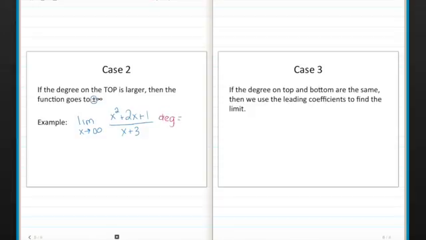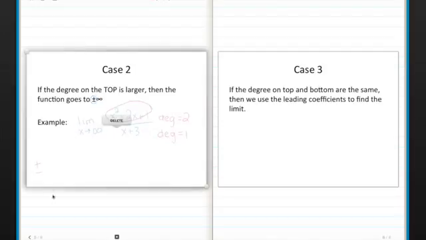All right, so we have already previously looked at the degree for both of these. We know that the degree on the top is 2. And we know that the degree on bottom is 1. So we've determined it's going to go to either positive or negative infinity.